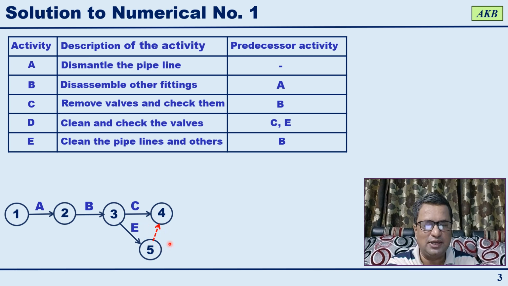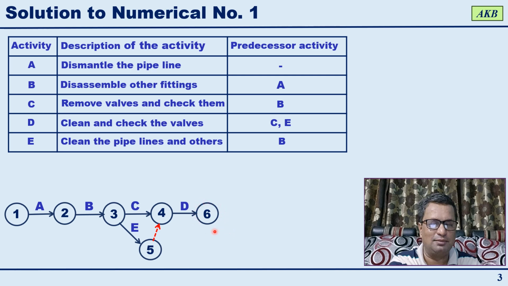Okay. Since it is necessary that C and E should be completed so that you can start activity D, we need a dummy activity to preserve the logic of this network diagram. So when you are at event 4, C has got completed, and through this dummy activity, E has also got completed. And that's why D will be starting at event 4, or event 4 will act as the start event for activity D, and then activity D will be getting completed at event 6.